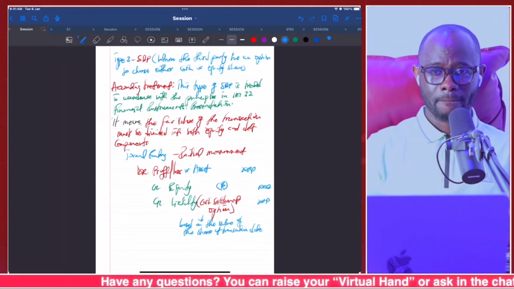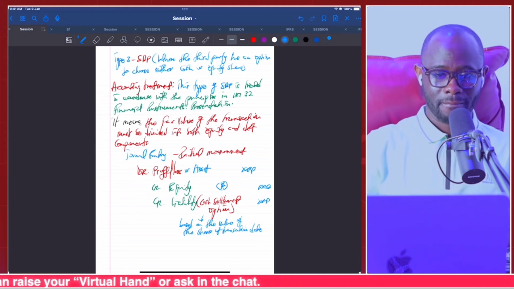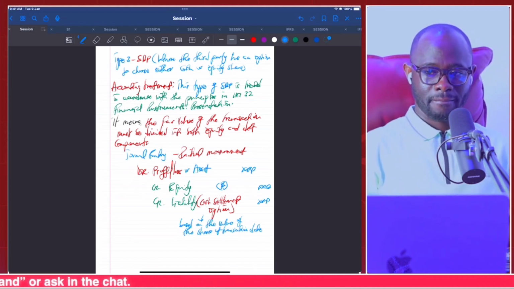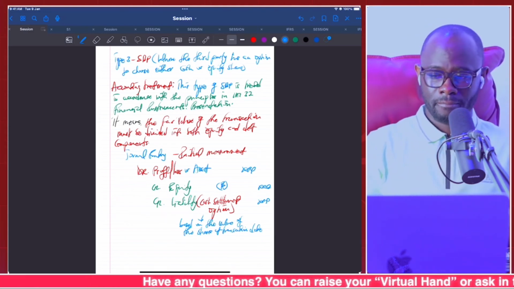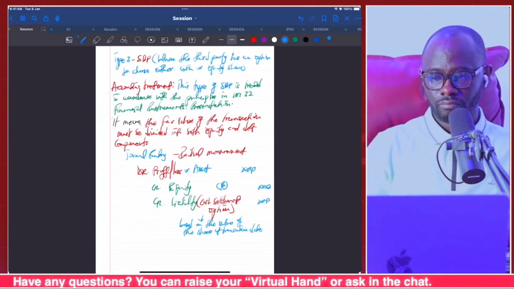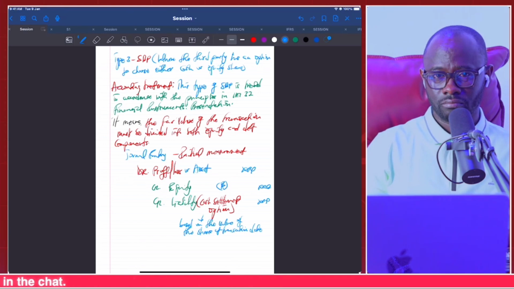If I understand you correctly, after we have bought the asset, we are giving the customer two options, right? To pay part in cash and the other part in equity.